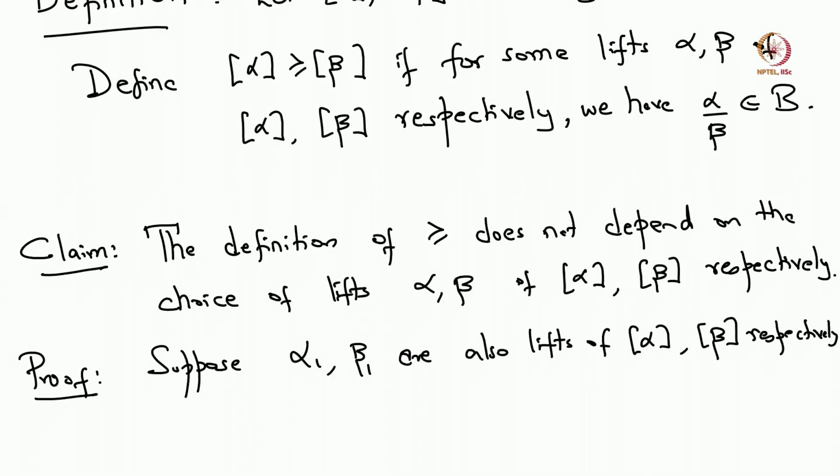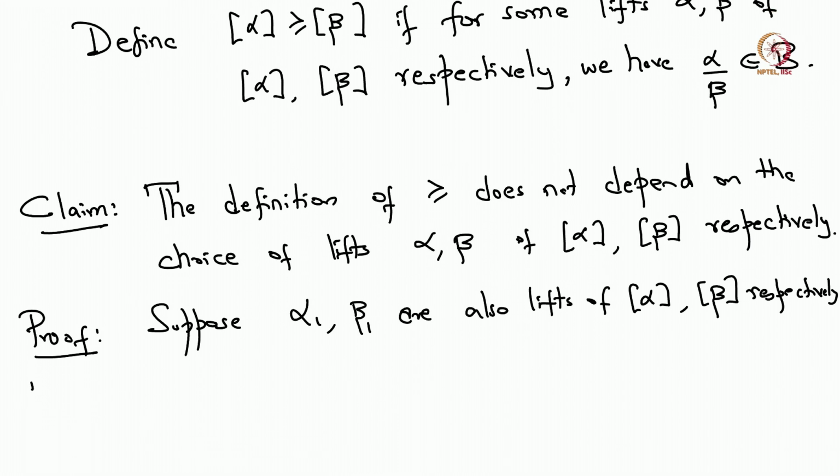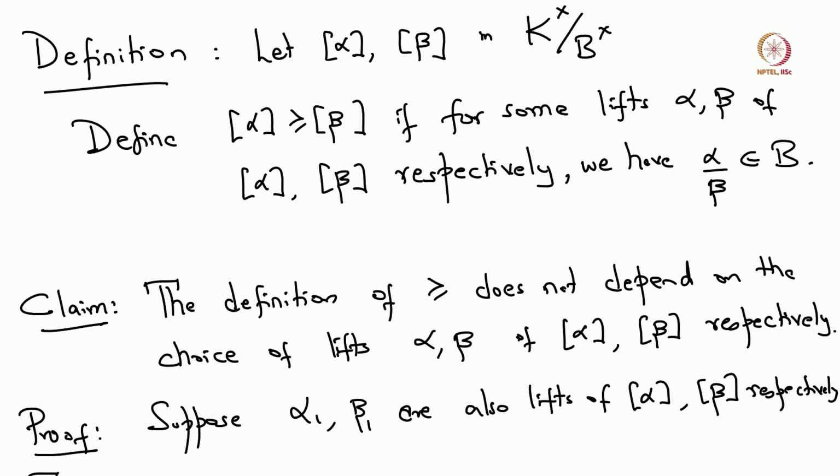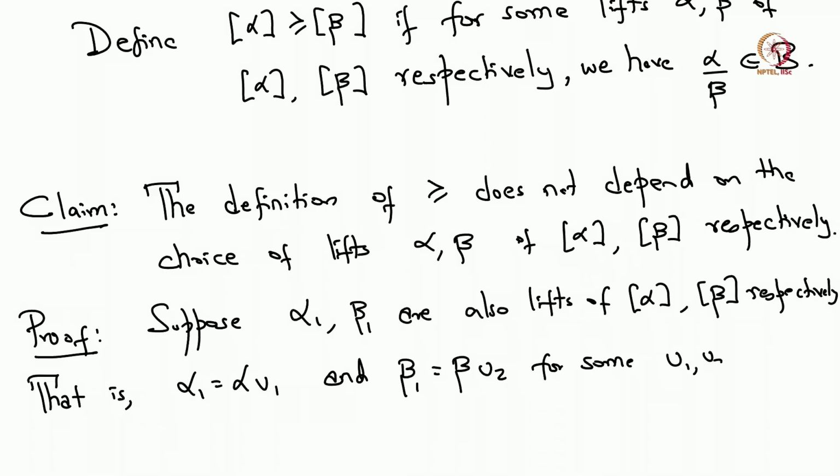So how does alpha 1 relate to alpha and how does beta 1 relate to beta? We're looking at K cross mod B cross, so two lifts of the same element will differ by a unit in B. So alpha 1 is alpha times U1 and beta 1 is beta times U2, for some units U1 and U2 in B cross.